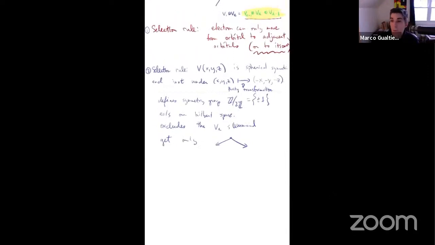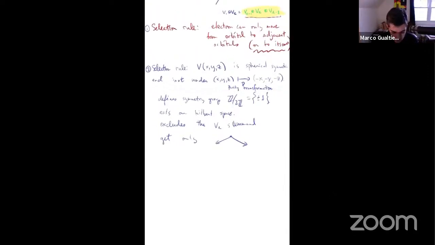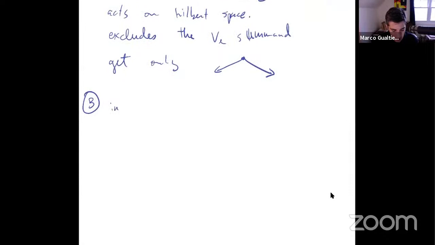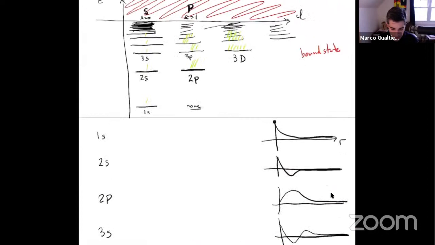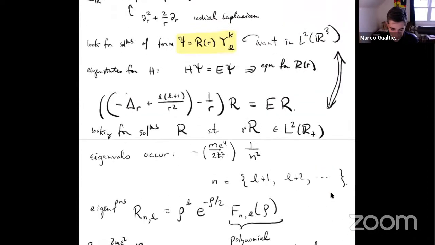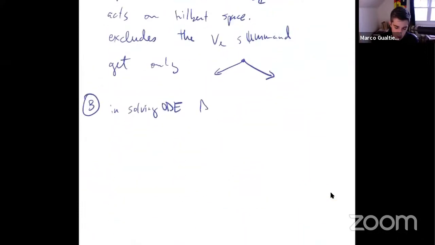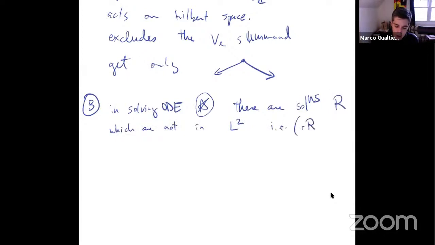I have two more comments that I need to make. The next comment is that in solving this ODE, there are solutions which are not in L2, in the sense that R multiplied by R is in L2.